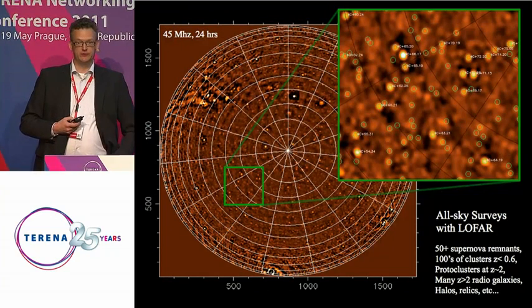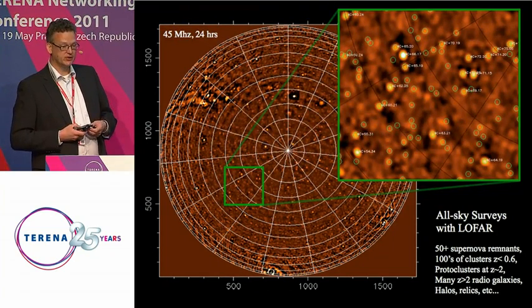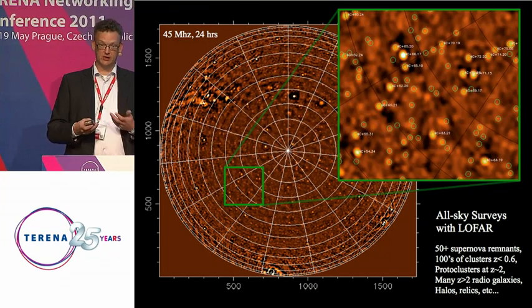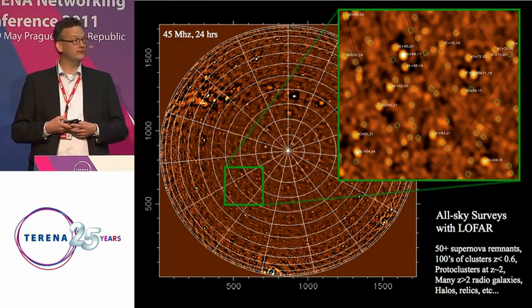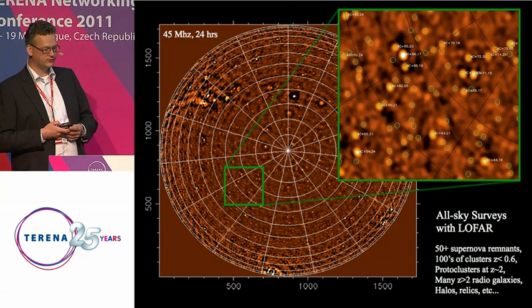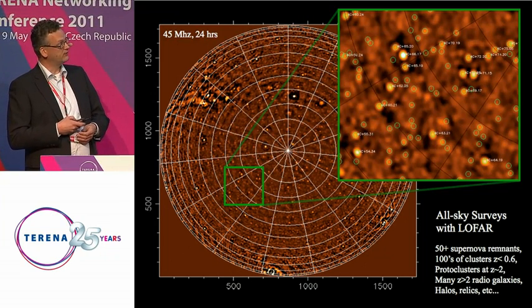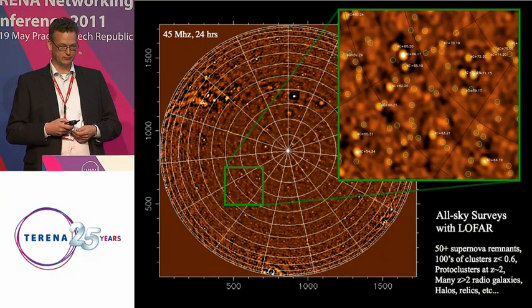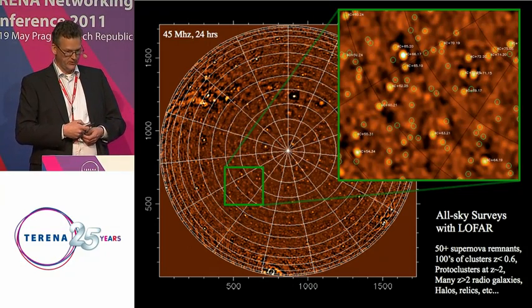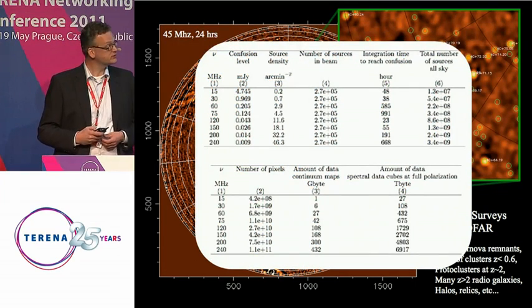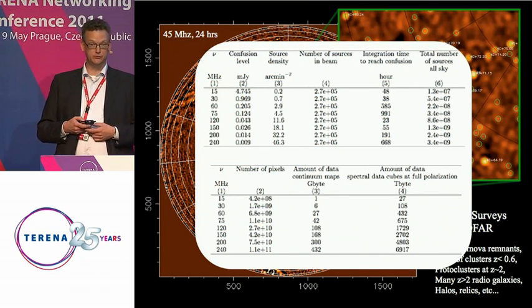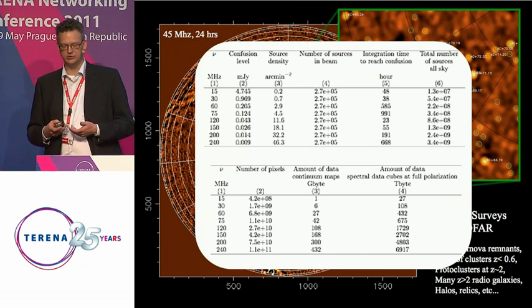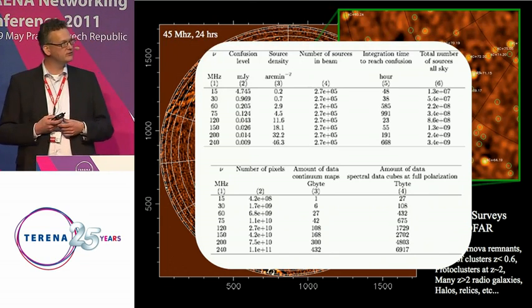Another strong point of LOFAR, because all the antennas basically see all of the sky, is surveys. We can relatively quickly do surveys, and this is a new era for telescopes, this range of radio frequencies. So we can effectively do surveys. We expect to find millions and billions of new objects in the sky that emit radio waves.